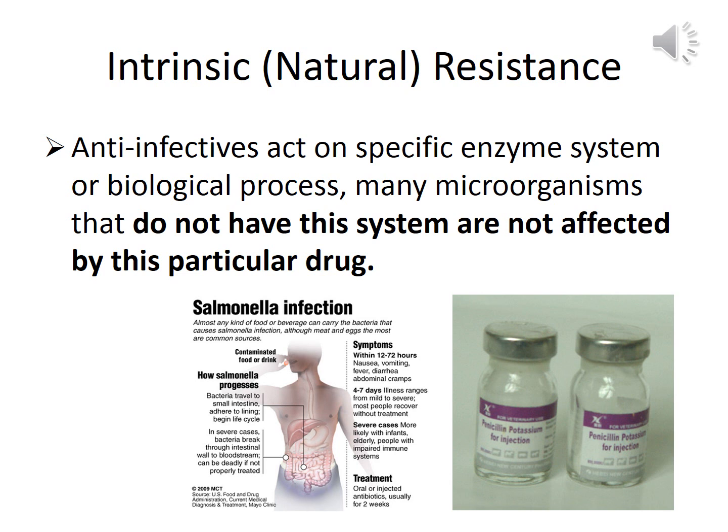So if the antibiotic works on a process in a microorganism or a bacteria, and that bacteria doesn't have that process, obviously that's going to be a natural resistance to that antibiotic. And so down here I've got an example where I've got salmonella, and then I have a couple bottles of penicillin by it.